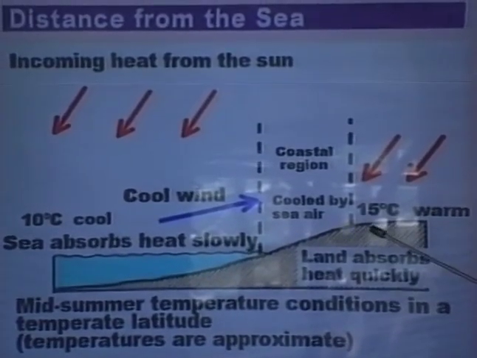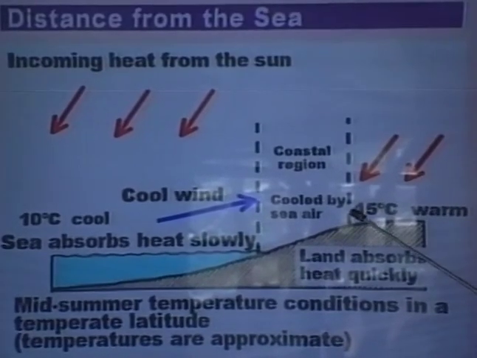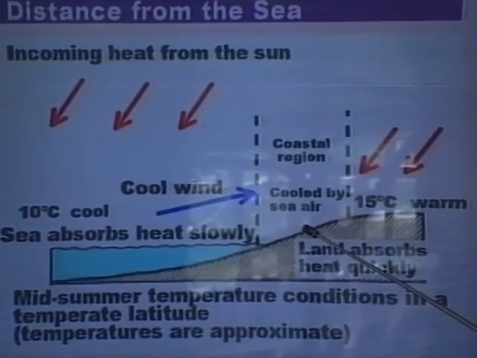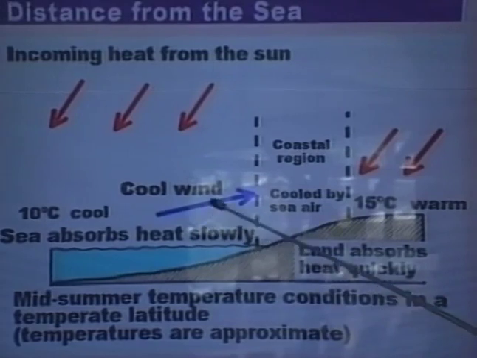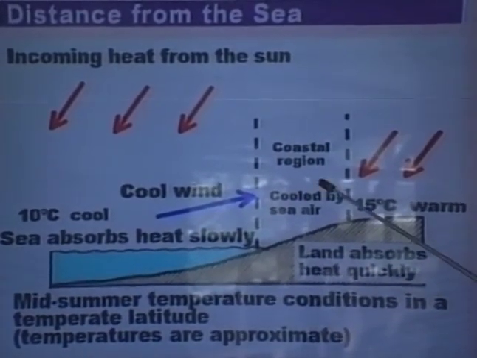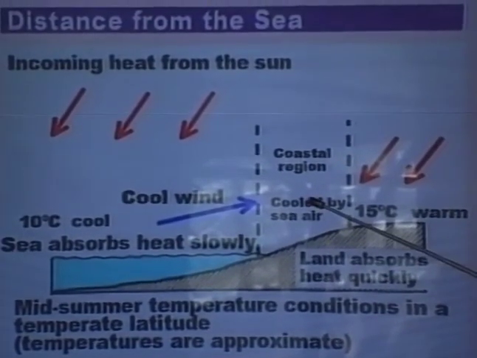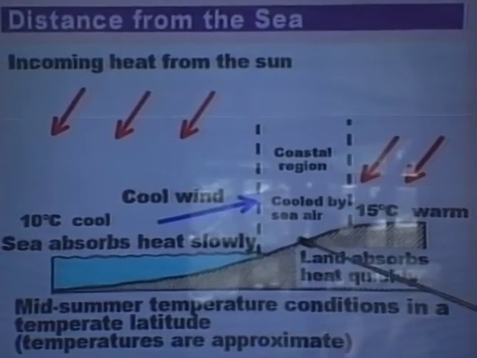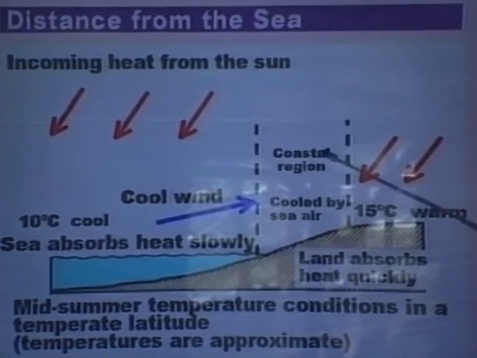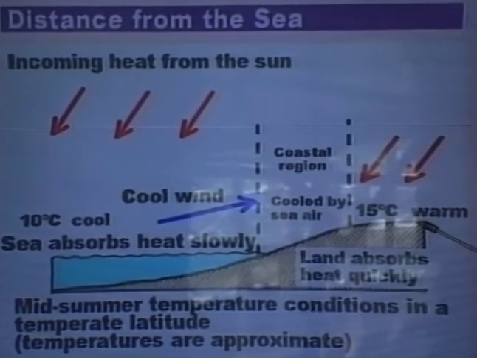Therefore, places further away from the sea will tend to be hotter compared to those that are closer to the sea. Why? Because the sea heats up slower, the cool air blowing in towards the land will cool the coastal regions that are closer to the sea, resulting in the temperatures closer to the sea being a little bit cooler compared to those places further inland.